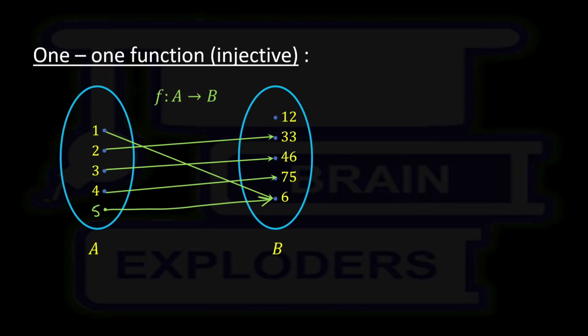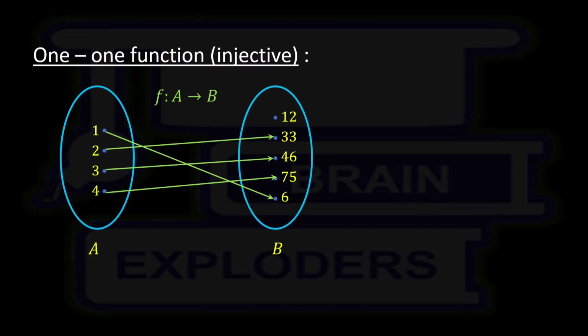Now this function is not a one-one function. Why? Because 1 and 5, there are two elements which have the same image 6, right? So that will violate the condition of one-one function. In one-one functions, two different elements have different images.